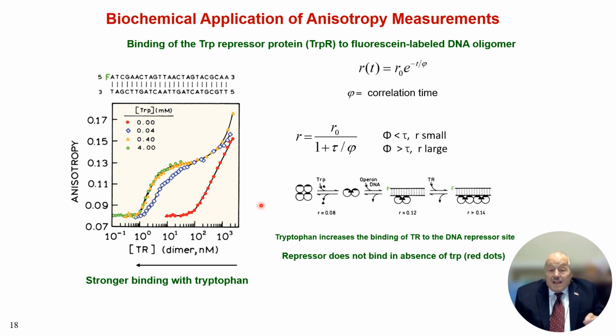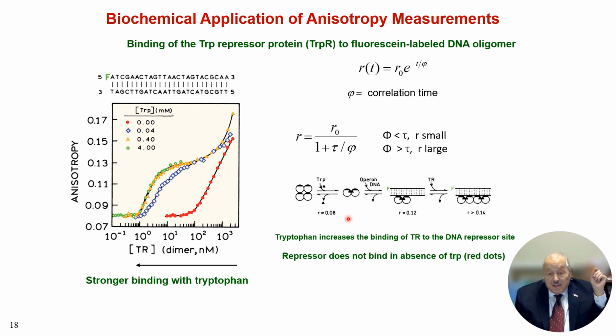And I've always thought this seemed to be presented in reverse order, but it's really not, it just seems that way. In the absence of tryptophan, you can see that the anisotropy of the labeled DNA is low. So basically the trp repressor would not be bound to the DNA, and tryptophan synthesis would be going on. If you add some tryptophan to it, you find the anisotropy of that DNA fragment goes up, and that indicates there's binding of the repressor to the DNA induced by tryptophan in solution.